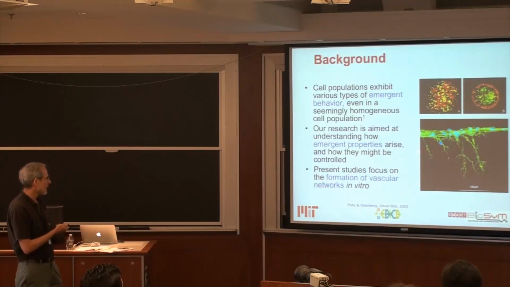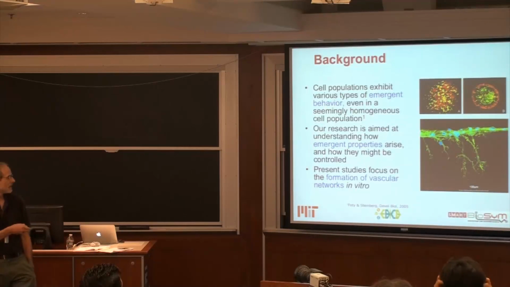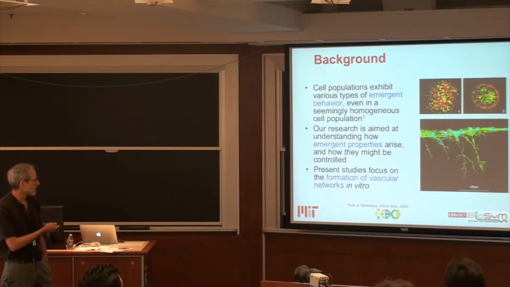Something a little bit more complicated is if you go to systems such as this, where you're starting with an endothelial monolayer. What you're seeing here, the blue is a DAPI stain for the nuclei, the green is an actin stain. So what you're seeing is the formation of a vascular network down into a three-dimensional gel.